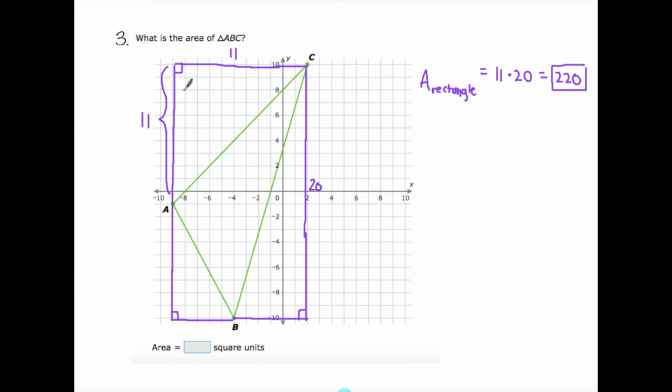We have 1/2 times 11 times 11, we get 60.5. Okay, so there's our area there. Now we're going to move on to this triangle.